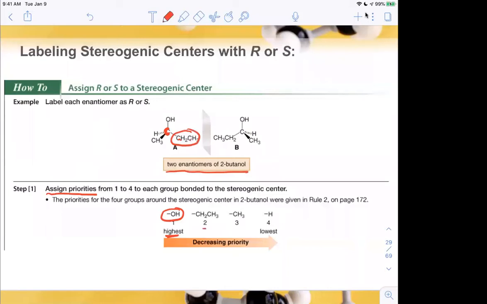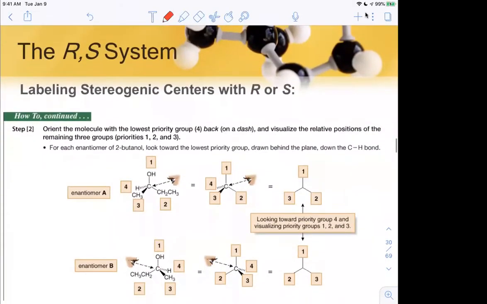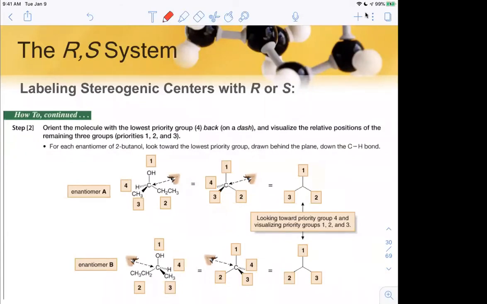I have a methyl group, which is a carbon attached to 3 hydrogens, which is 3rd priority, and then hydrogen is the lowest. So I'm going to orient this so that this hydrogen is pointing back. I'm just going to be looking down at these 3 groups. What I'm going to notice is that when I do this, my groups are connected in that way.